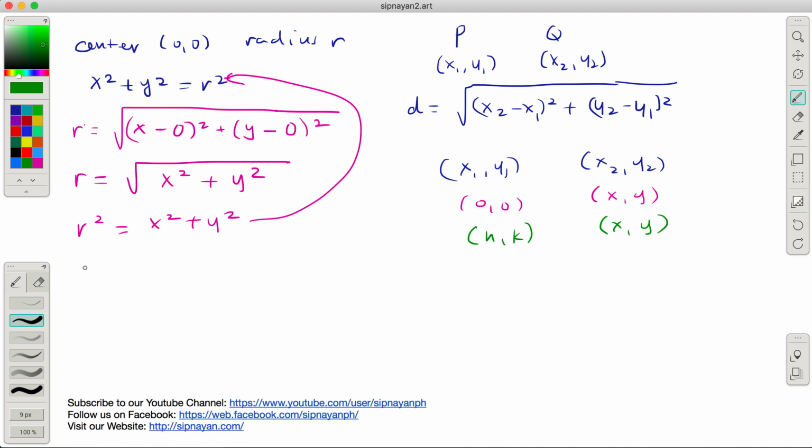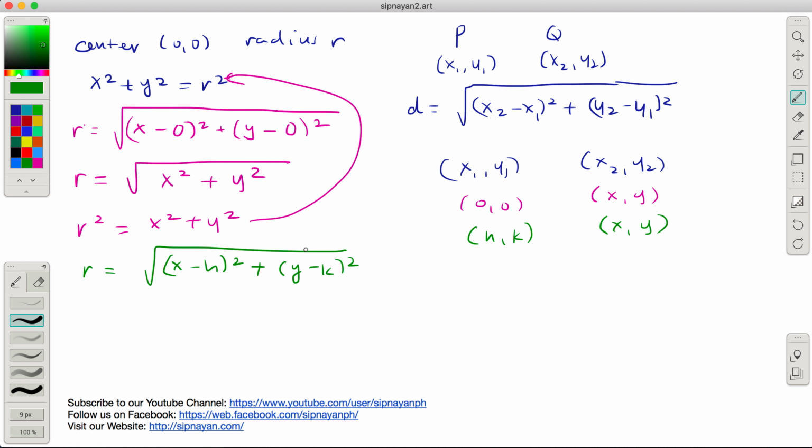So r is equal to the square root of (x minus h) squared plus (y minus k) squared. You can pattern it: the partner of x is h, so instead of x minus 0, we have x minus h squared. Instead of y minus 0, the partner of y is k, so y minus k squared.